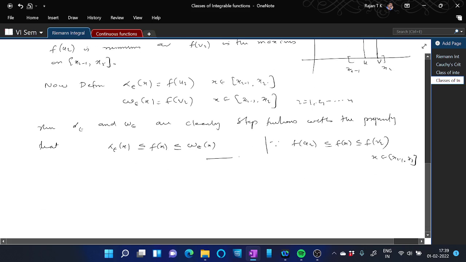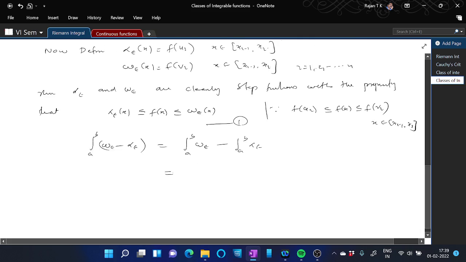So first we got the condition of alpha_epsilon and omega_epsilon. Now let us try to find the integral from a to b of omega_epsilon minus alpha_epsilon. We want it less than epsilon, which is equal to the integral a to b of omega_epsilon minus the integral a to b of alpha_epsilon.